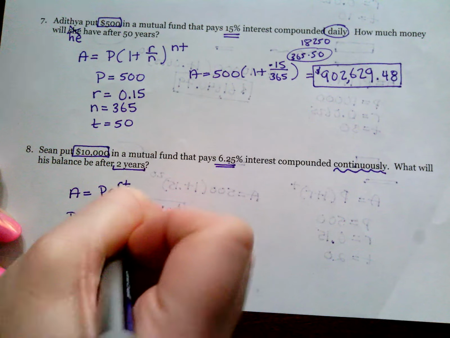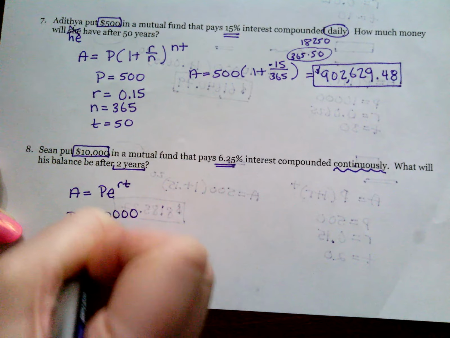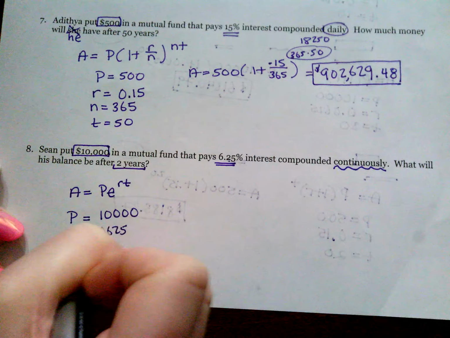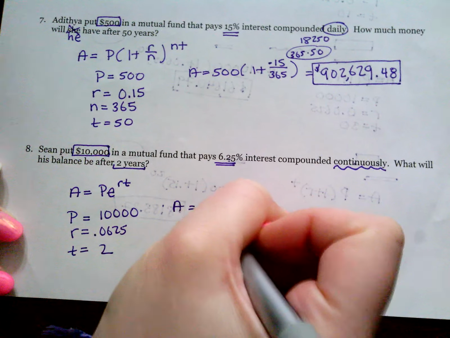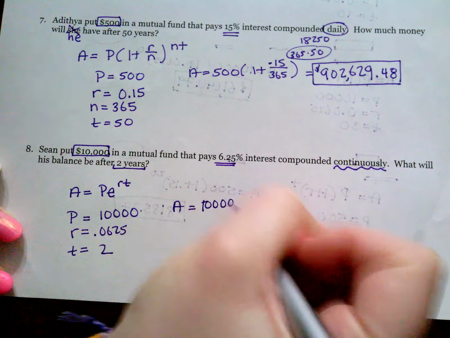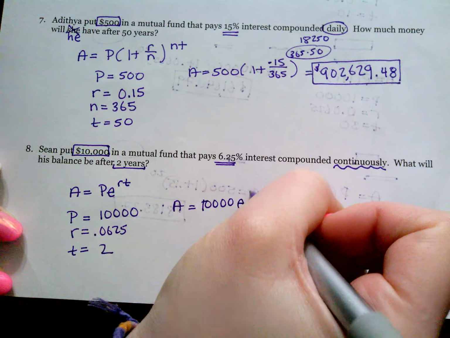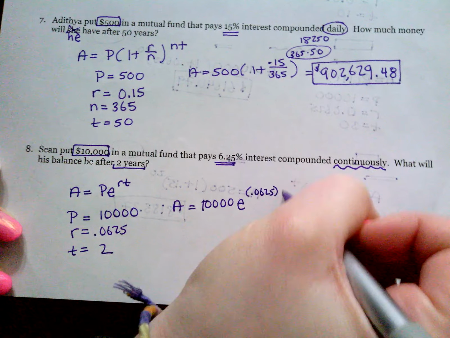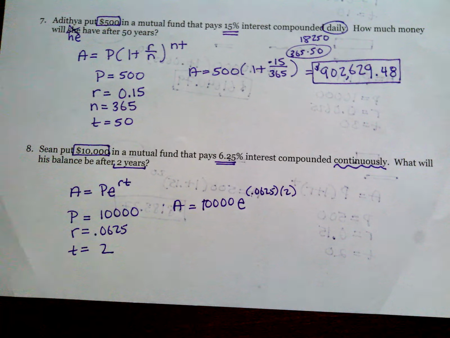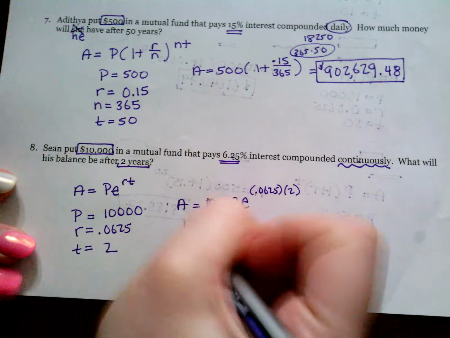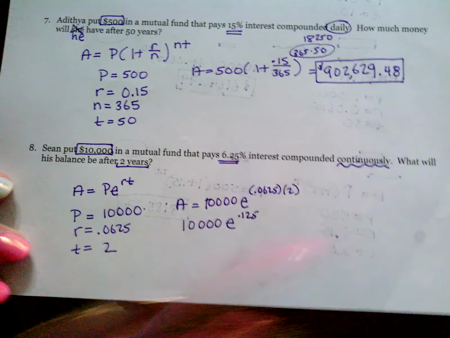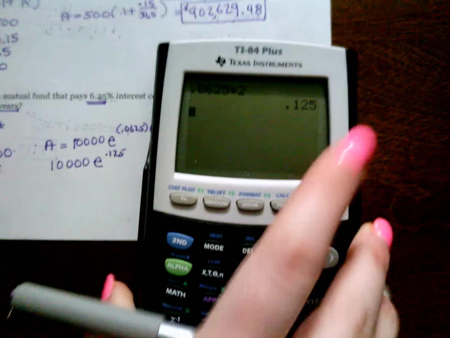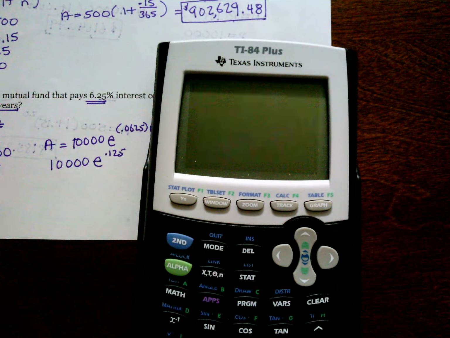So I'm going to multiply 0.0625 times 2. So I'm really dealing with 10,000 e to the power of 0.125. I'm going to slide that over so you guys are going to be able to see my calculator. So it's going to be 10,000, second ln to get the e, and then 0.125. So $11,331.48.